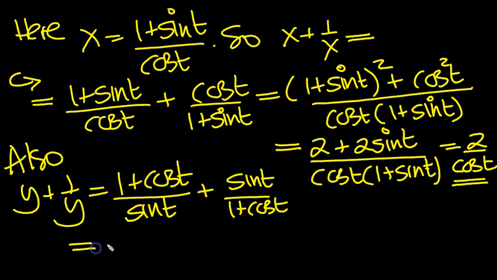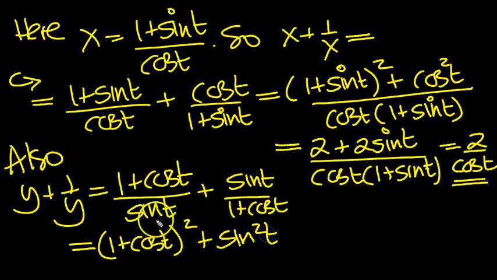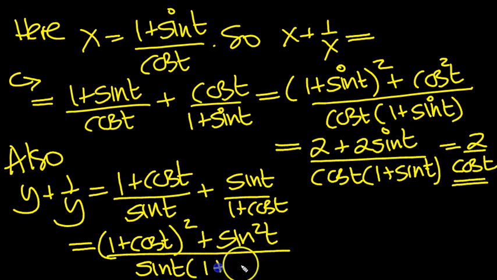which equals, so let's work this out, cross multiply, we get (1 plus cos t) squared plus sine squared t, when you cross multiply those two, all over the sine t. And something very similar is going to happen, isn't it? 1 plus cos t in a bracket, more than one term per bracket. So what have we got here? On the top we've got a 1.